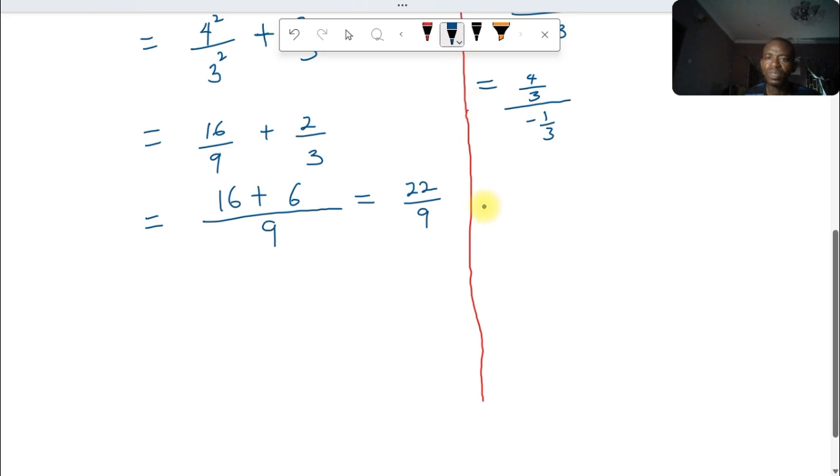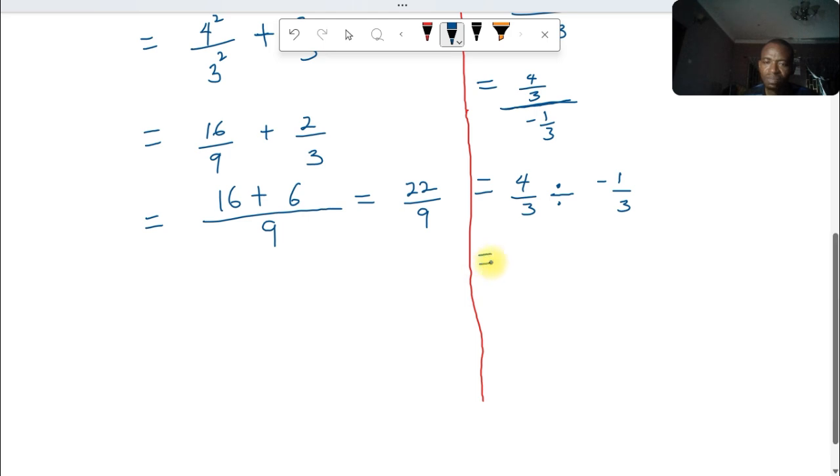I can rewrite this expression as 4 divided by 3. Now the long division line that I have here can be replaced with the common division sign that we know. So we have divided by minus 1 over 3.